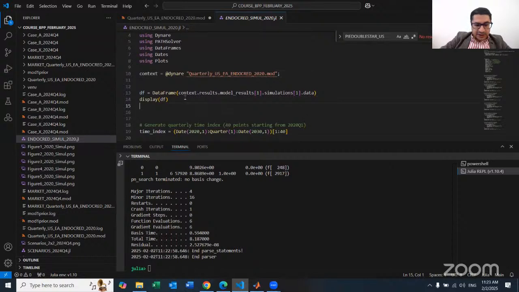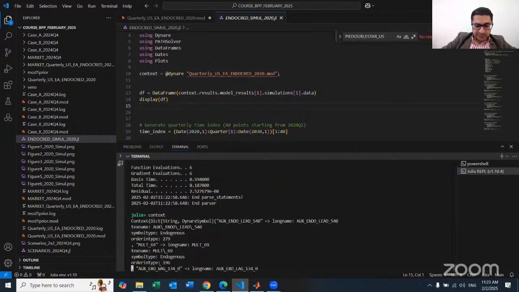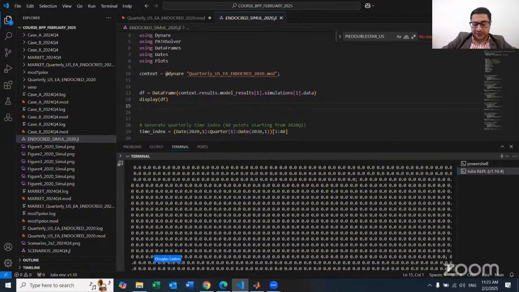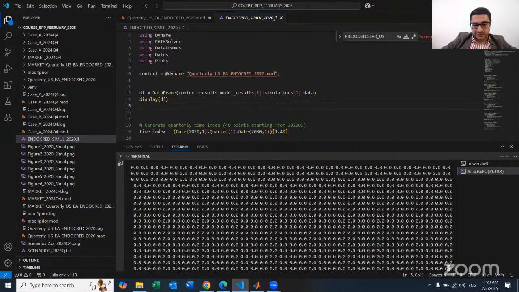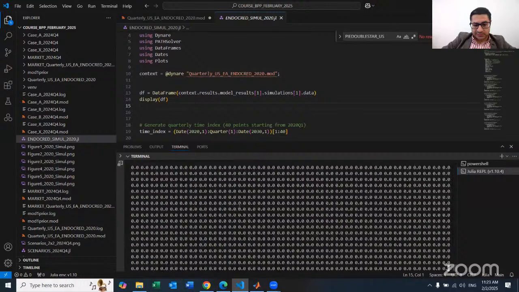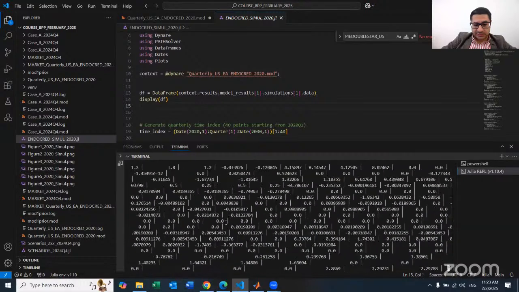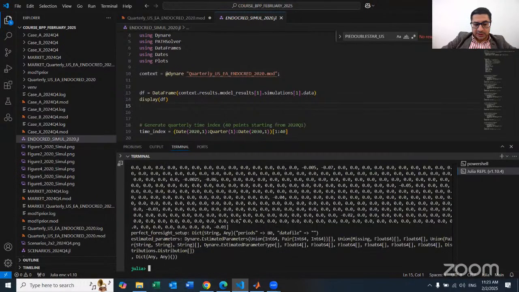Okay. Now all the results are saved in context. You can type here the context, and it gives you everything: all the information like calibration, initial conditions, simulations.